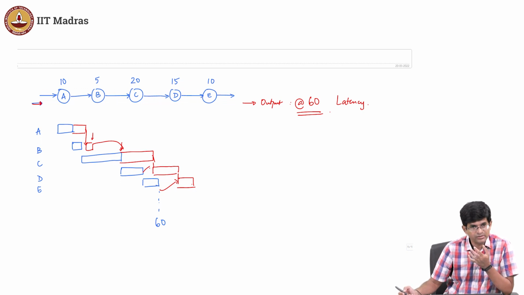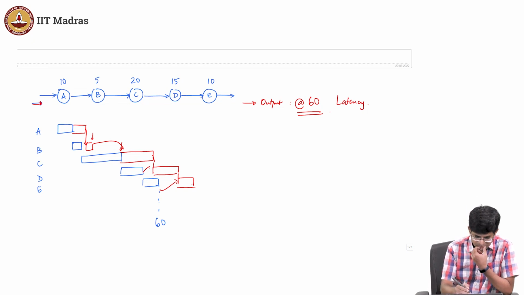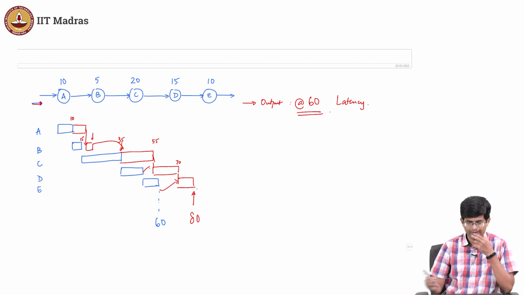Now let's look at when this second data actually finished. If I look at the time over here, this is 10, this is 15, this is 35, which means that now this finishes at 55, the second one, and this is plus 15, so 70, and this finishes at time 80.